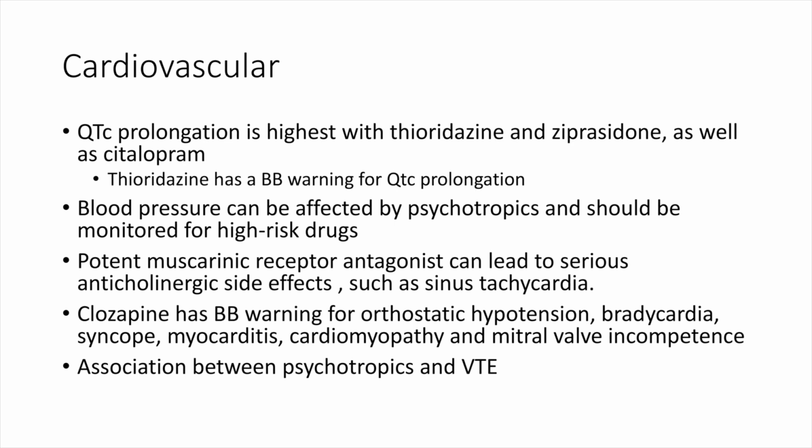On the other hand, some psychotropics with alpha-blocking properties can decrease someone's blood pressure and cause orthostatic hypotension. Potent muscarinic receptor antagonists can lead to serious anticholinergic side effects such as tachycardia. We have one patient who could really benefit from Cogentin.